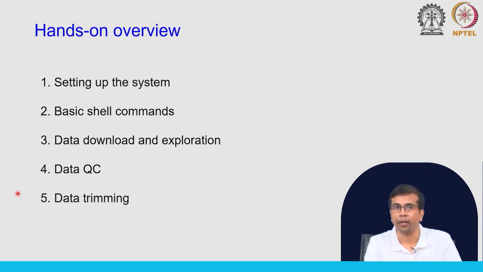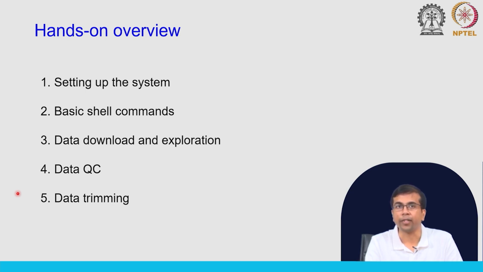Then the fourth part is the data QC, right, how we actually do the quality control. We will run this quality control on a real data set, and finally, we have the data trimming, data pre-processing step if required, and again with real data we will do this step.